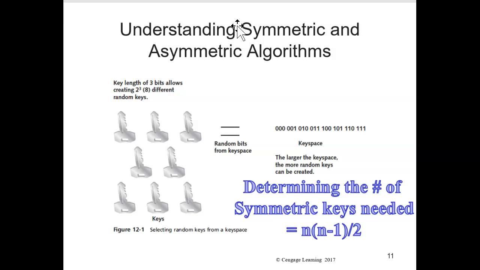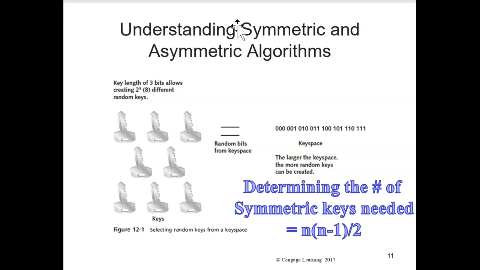And so the more random keys that can be created, the more difficult it is for hackers to guess which key was used to encrypt the data. So simply put, the crypto system converts between plain text and ciphertext, and if the key isn't protected or if it's easy to hack, the hacker will be able to decrypt the message, right? So that's kind of an understanding between the two.